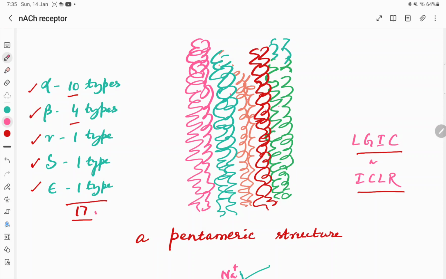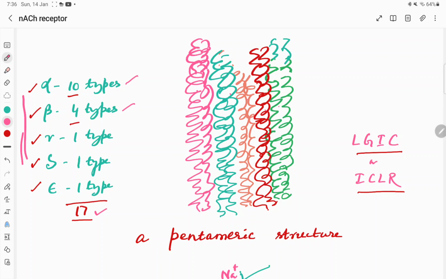So far total 17 types of subunits of this nicotinic acetylcholine receptor have been identified. Out of them, alpha is of 10 types, beta is of 4 types and the rest are of only 1 type. These 5 different units together form the ion channel linked receptor, and all the 5 may not be a part of that.